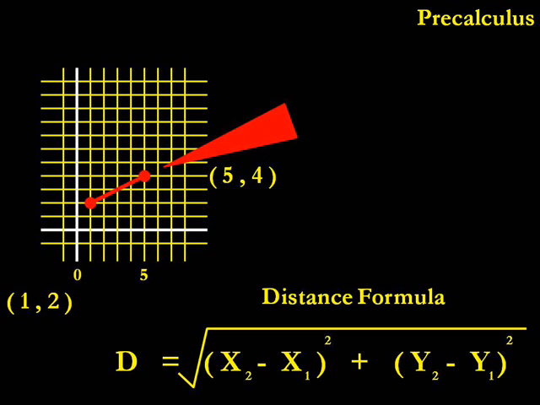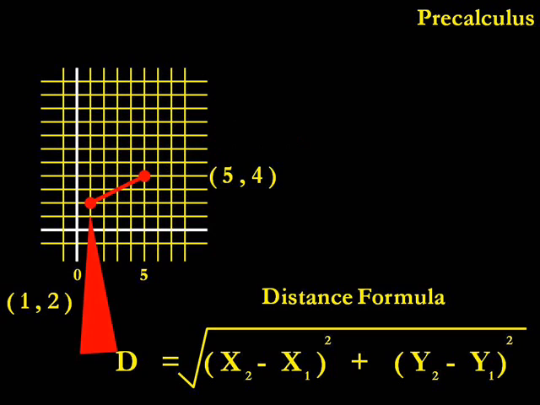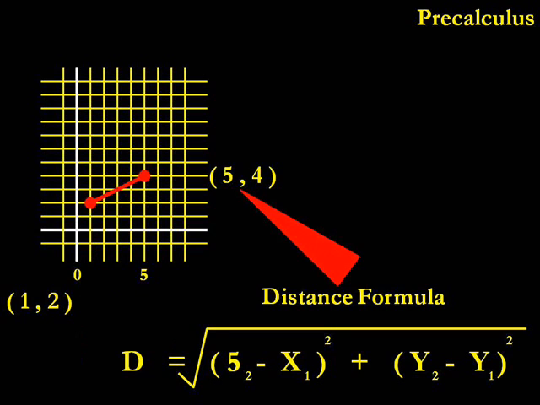Now if we introduce a line at an angle, a slanted line, we have the point 5, 4 and the point 1, 2. And we can apply this information directly into the distance formula. From this point, you're just going to plug numbers in. You have the 5, 4.